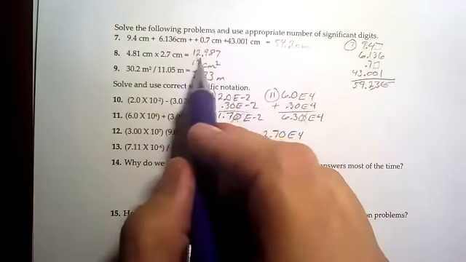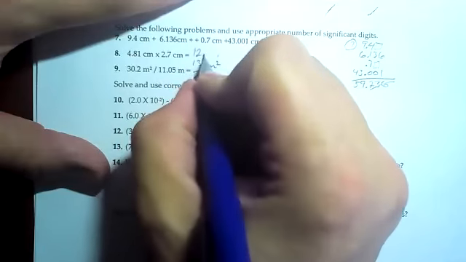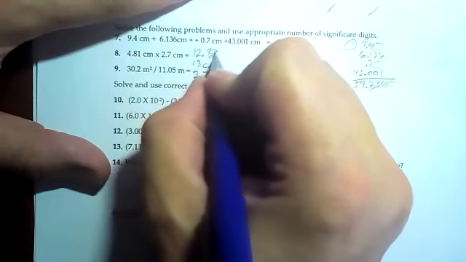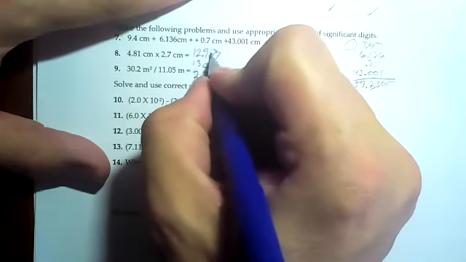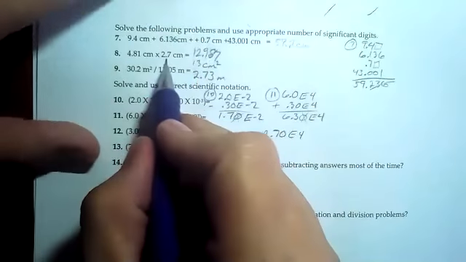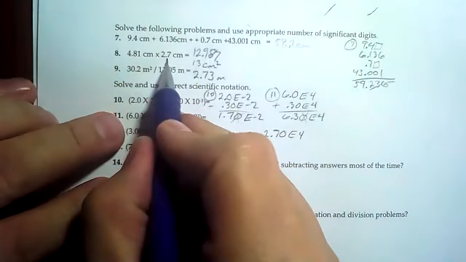I just punched this in the calculator, and you know what? I realized that this is wrong. This is what the calculator told me. But how many significant figures do I get? Well, the point is you get as many as the smallest number of significant figures in your data.